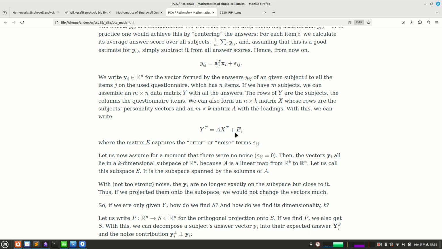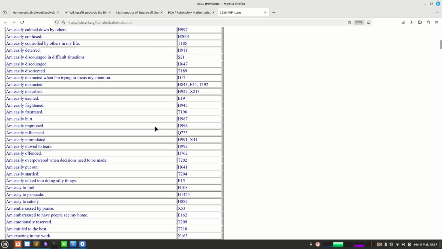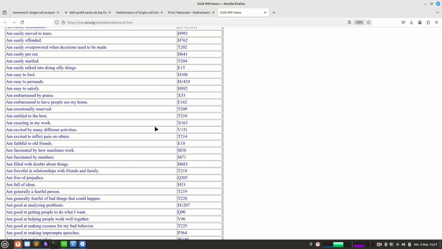And so once we have done our survey and asked lots of people to fill out our questionnaire, to remind you, in the questionnaire we have tried to put a lot of questions like this one here. And we try to be as imaginative as possible to capture as many different aspects of personality as we can think of.